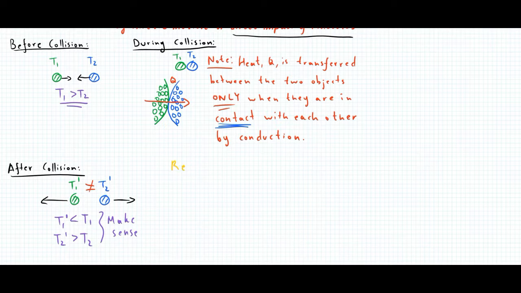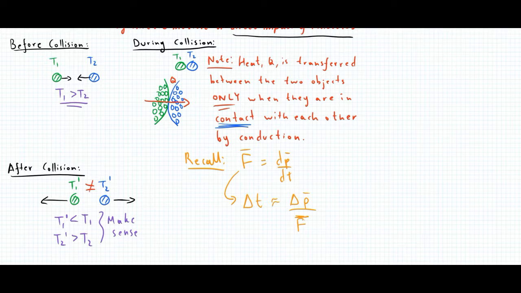So let's recall Newton's second law, where force is equal to the time rate of change of momentum. We can rearrange this and say that the change in time is approximately equal to the change in momentum divided by the force that the two objects hit each other with.